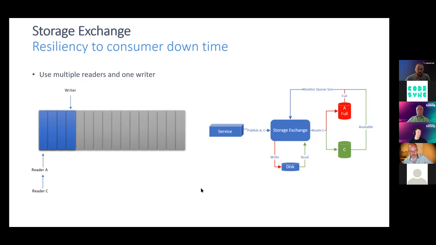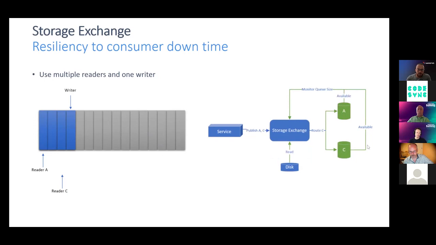Because the message is also intended for C, it should be routed to C, and reader C is going to read from the disk. This green line here is the read line of QC, because C can still read from the disk.